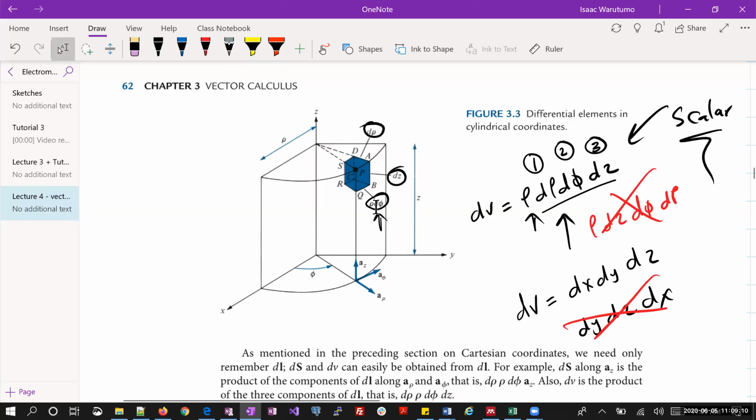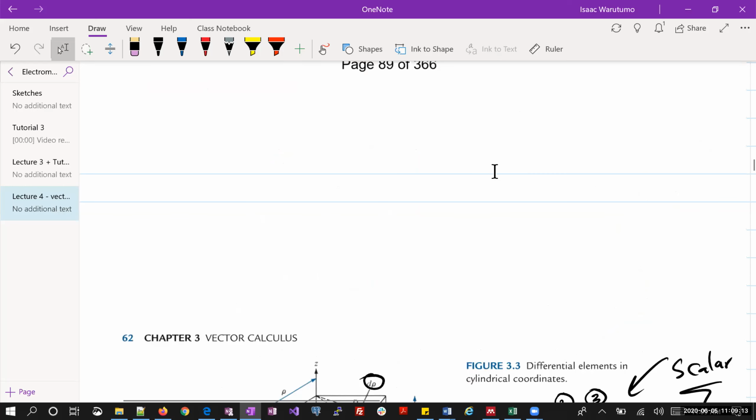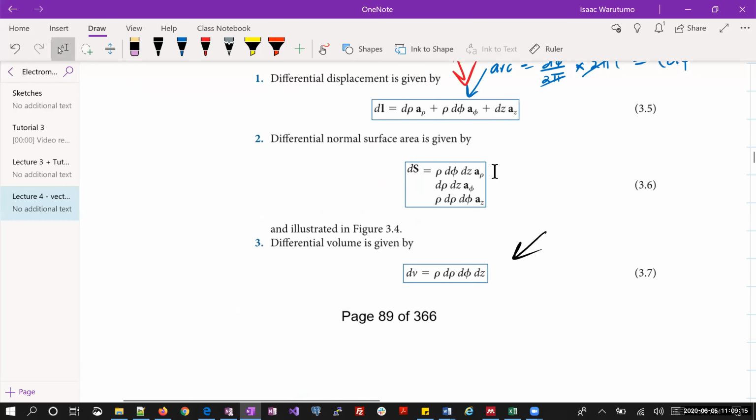I will very quickly repeat for Dinari what we are saying about the difference. When we expressed dS in rectangular, we followed some order: dy dz ax, then dx dz ay, and then dx dy az.